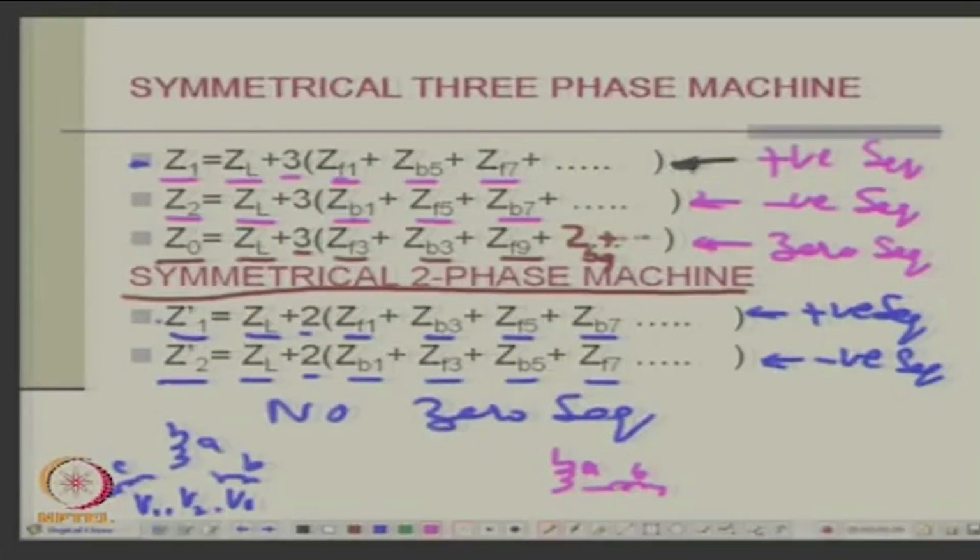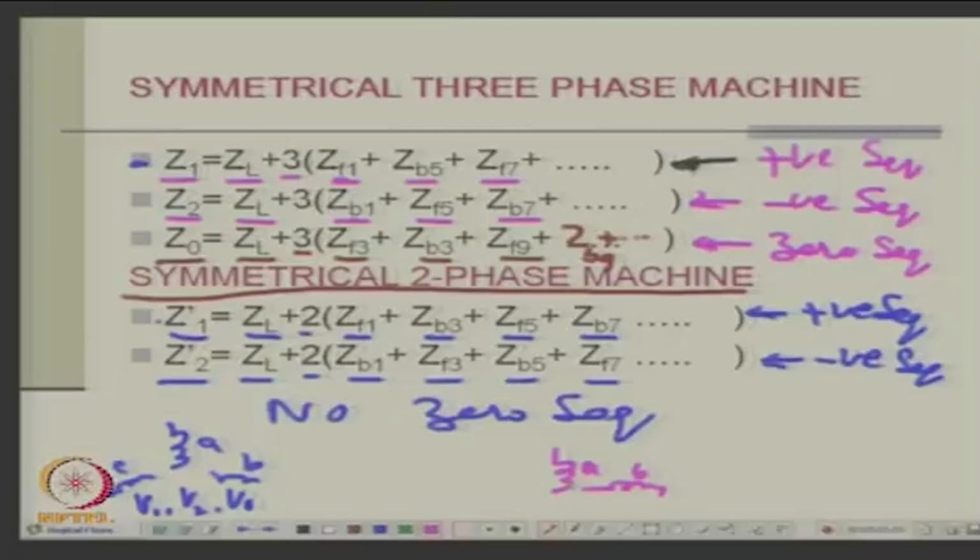For example, we have always said the symmetrical components can be applied only if the machines are symmetrical and displaced by 2 pi by m, where m is the number of phases, right. Rotating field impedances, they are direct voltage and currents, therefore, there you can go for rotating field impedances, right.